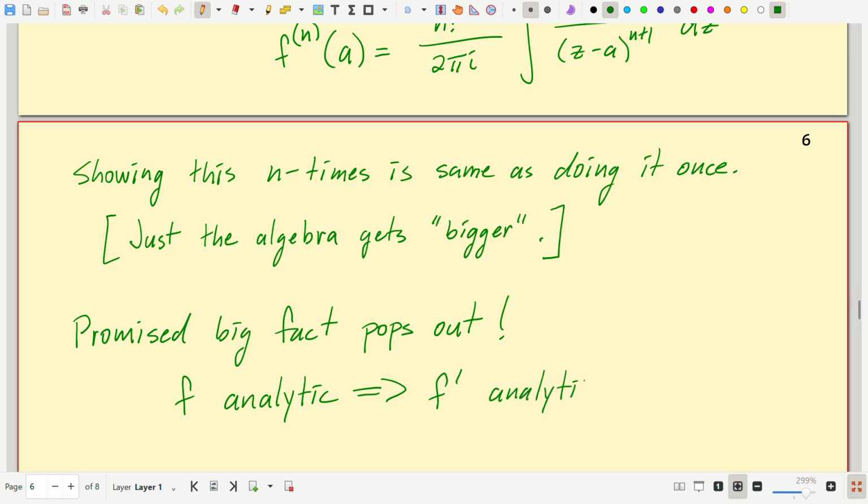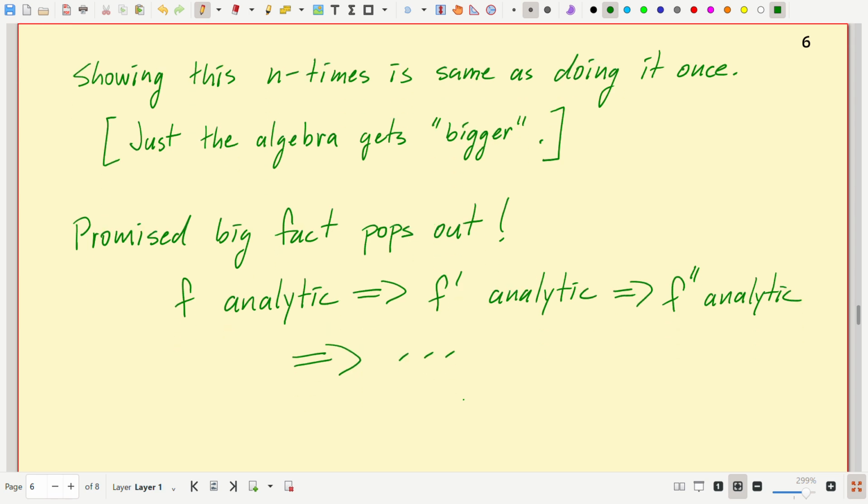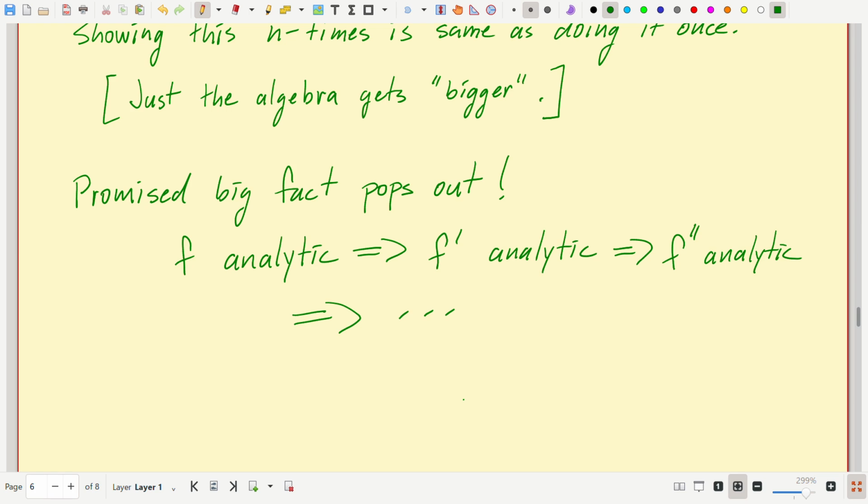And there's the formula that gives you the derivative. And you can differentiate f prime, and so that implies that f double prime is analytic, etc., dot, dot, dot. And so all those things I was telling you we're going to follow are now demonstrated.